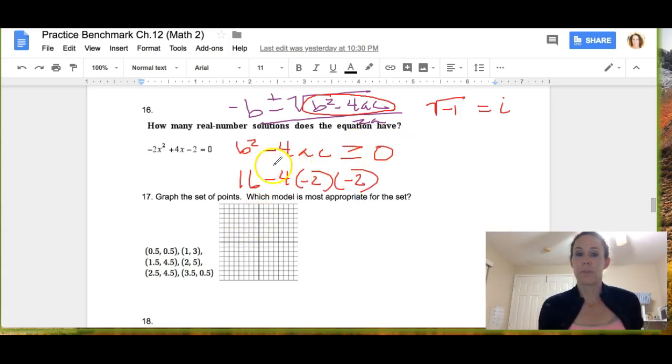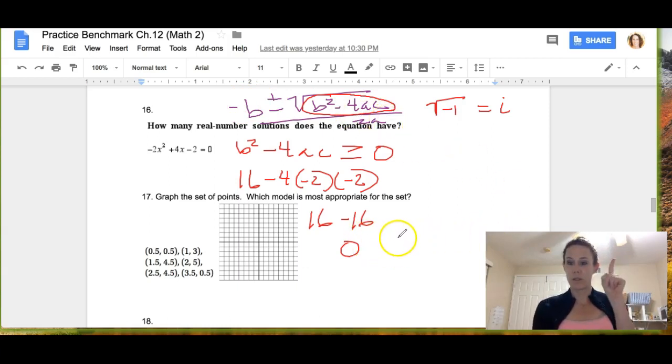Well, let's see. 16, and then we're going to go negative times a negative is a positive, so this becomes positive 8 times negative 2, which becomes negative 16, and this becomes 0. So if this value is 0, I have negative b plus or minus nothing over 2a, or just negative b over 2a, which gives me just one solution. I'm not doing plus or minus something, I just have one solution.